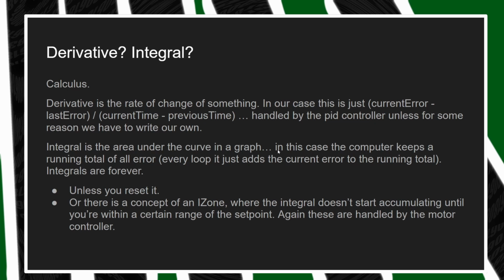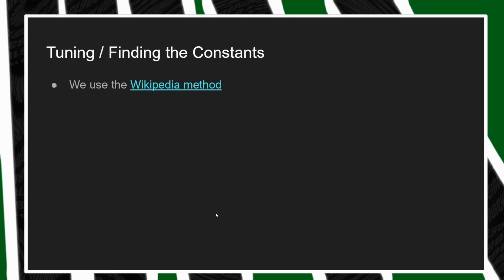Oh yeah, integrals are forever. They accumulate forever unless you reset the accumulator. On our motor controllers, there's the concept of an I zone, where it doesn't start accumulating integral until you get kind of close to the set point. There's a reason for that that will make more sense.